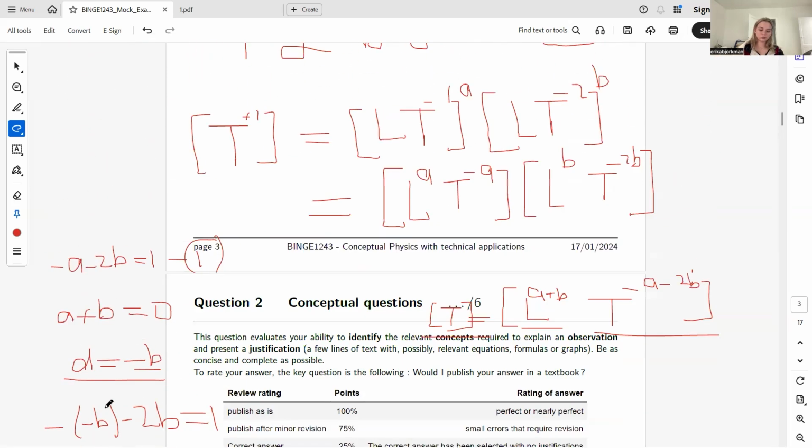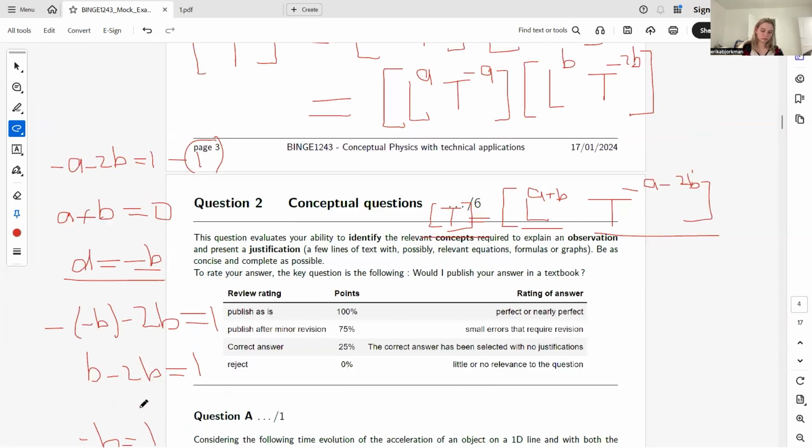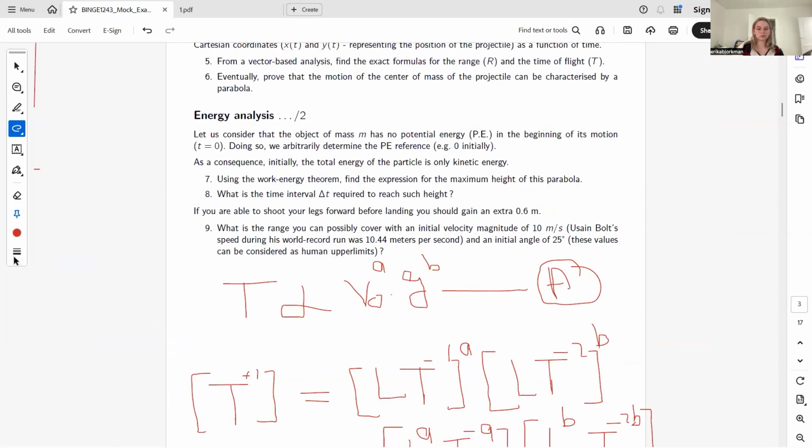Now you need to replace these values in our equation A. After putting the values, our relation will become t is proportional to v to the power 1 and g to the power minus 1, and we can write this equation as t is proportional to v over g.